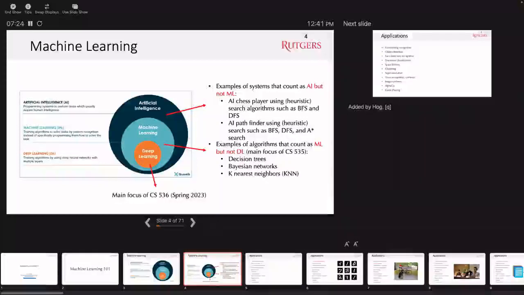And this part is actually not particularly about machine learning. And not only data science, if you think about computer vision or image processing, they also look something like this, because part of it is about machine learning, but part of it is not necessarily about machine learning. Okay. So that's to try to draw the difference between non-machine learning AI and non-deep learning machine learning. If there are no more questions, let's move on.